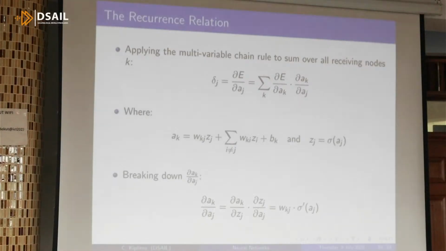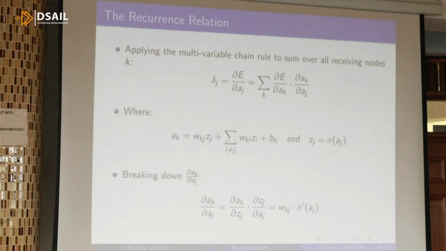If we just focus on this final relation at the bottom of the page, what we are saying is that if we decompose what is happening in the chain rule and focus on this value, the impact of AJ on AK is really just this weight multiplied by the derivative of the activation function coming before it.